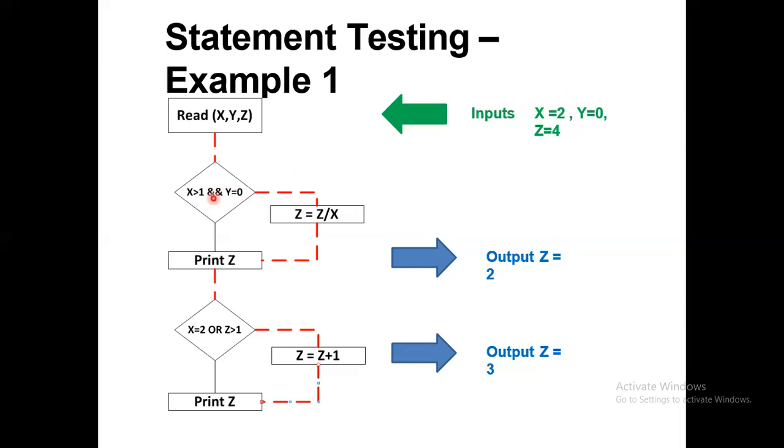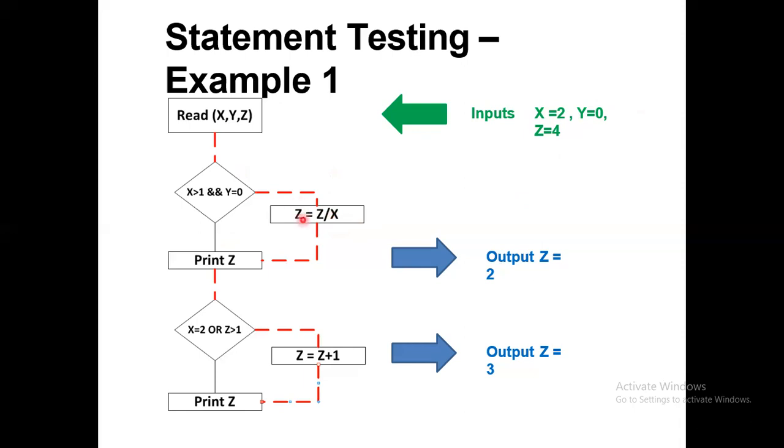And then Y equals 0, so again I can put Y equals 0. This is an AND operator, which implies that both subconditions should be true in order to go to this particular section. So I can stop with X equals 2, Y equals 0.